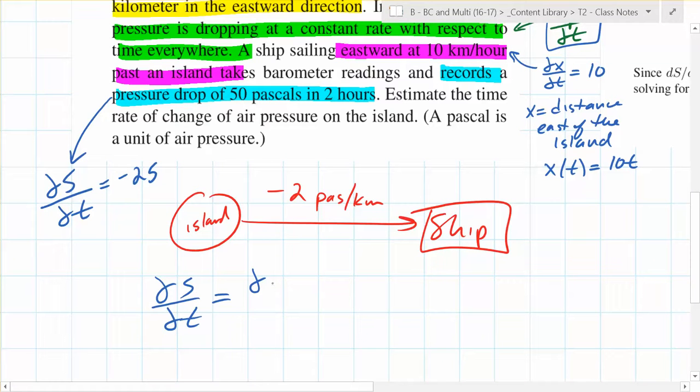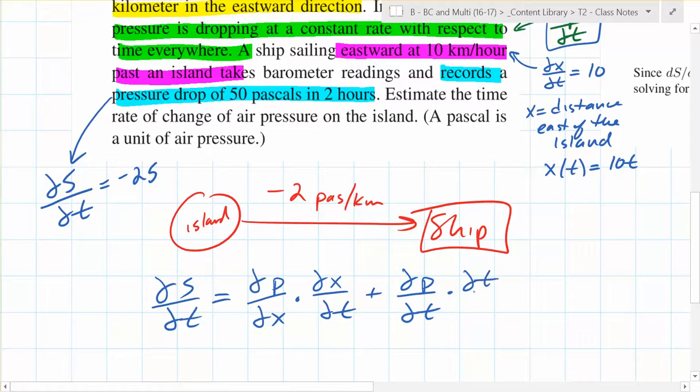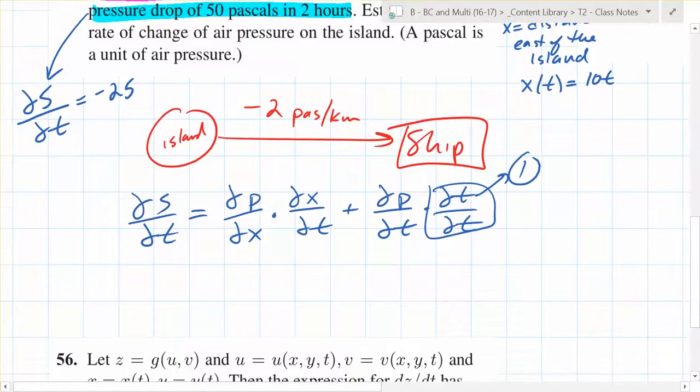I think it's partial p, partial x times partial x, partial t, plus partial p, partial t times partial t, partial t. And what is that? That's just 1, right?